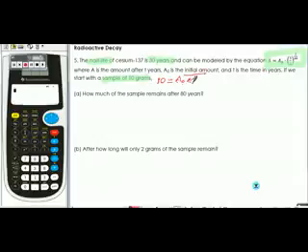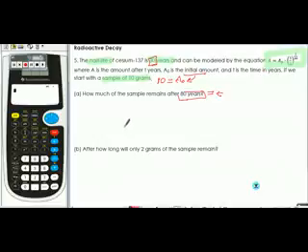How much of the sample remains after 80 years? 80 years will be my T. And if my half-life is 30 years, I'm going to have a whole lot less of this stuff left, because after 80 years I will have experienced 30 two times over. I would have 2 half-lives. So I should have less than a quarter of this remaining.